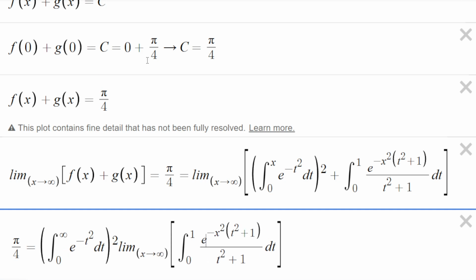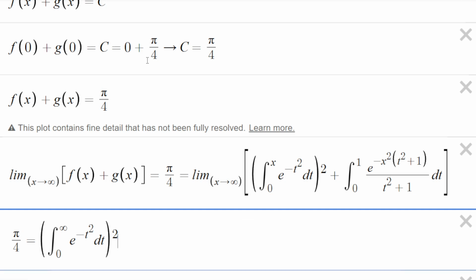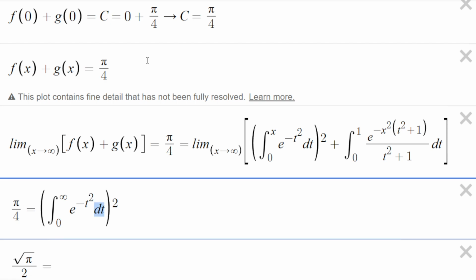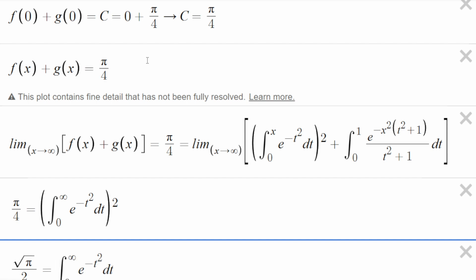And if we plug in x equal to infinity, you'll notice this term will go to 0. That means this entire thing goes away. And now all we do is take a square root on both sides, and we get square root of pi over 2 is equal to this. And we change the dummy variable back to x.